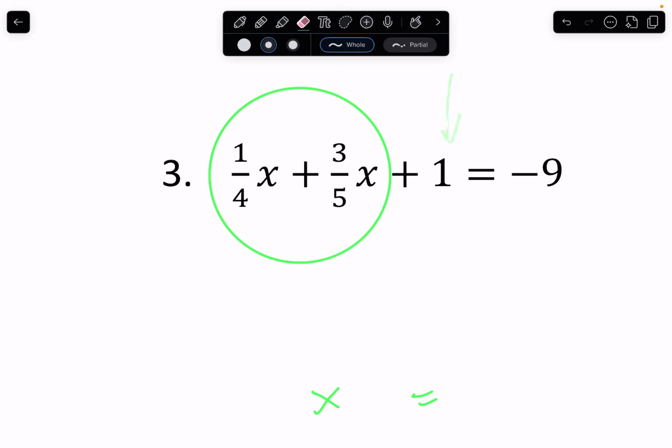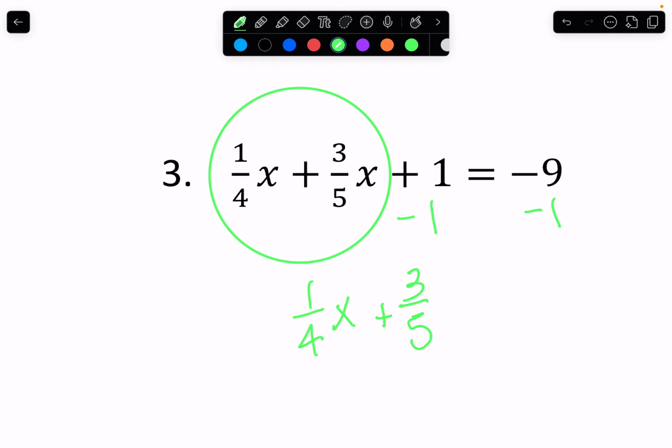Just make it easier on myself, okay? So, let's subtract 1 from this side and 1 from this side. I'm going to have 1/4 x plus 3/5 x equals -10, okay?